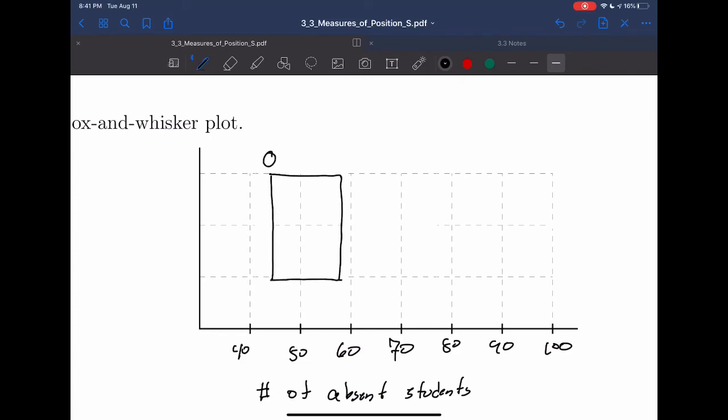Next, we want to draw our second quartile, or our median, with a straight line. Remember, our second quartile was 51, so it should be around here.